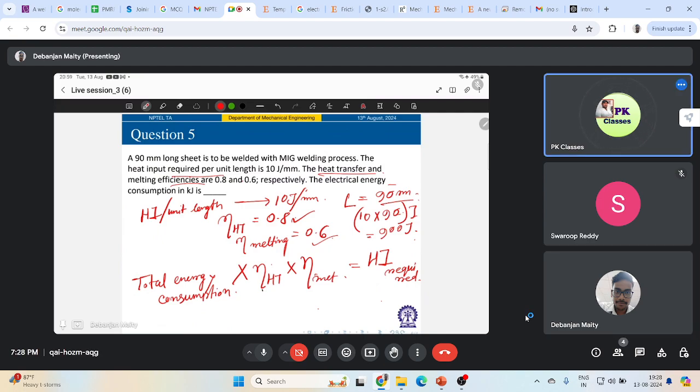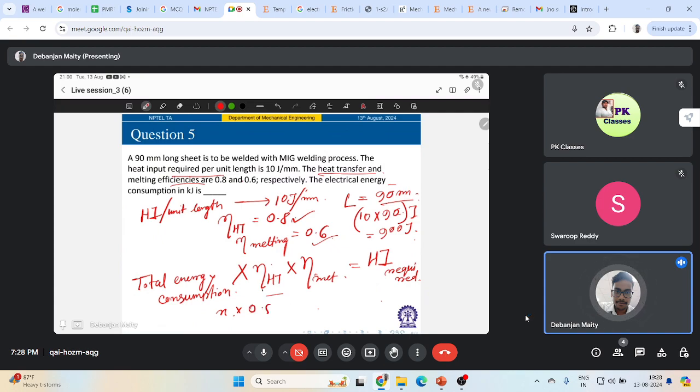Yes, sir. If this is correct, so let's say my total energy consumption is X joule. So X into 0.8 into 0.6 will be equal to 900. So I'll get some value of X. I don't know how much. Can I calculate quickly? So 900 by 0.48.